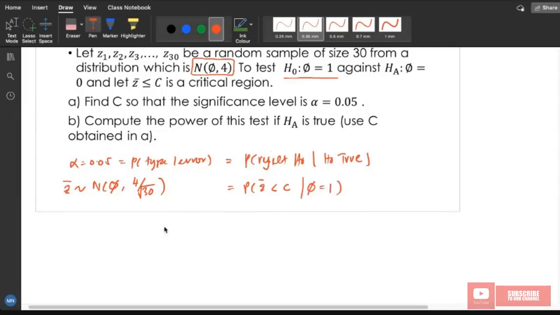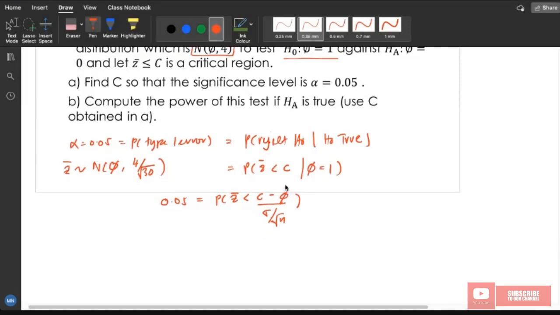So now 0.05 equals the probability of Z bar less than C minus phi over sigma over square root of n.